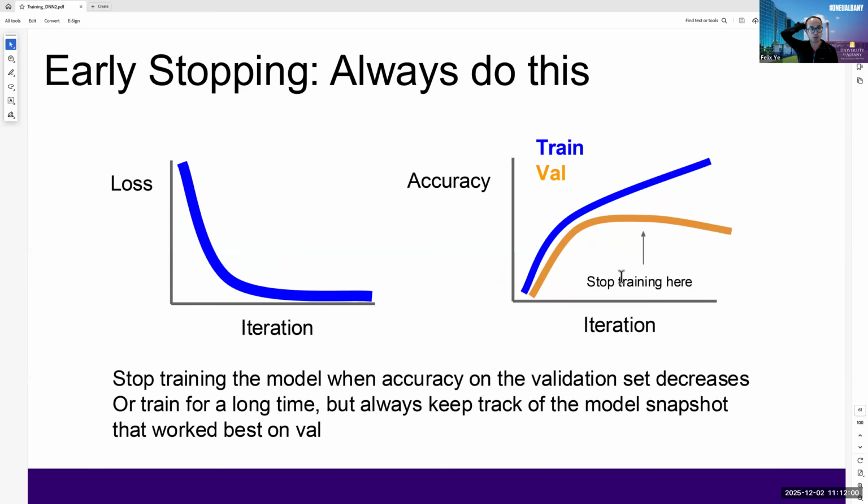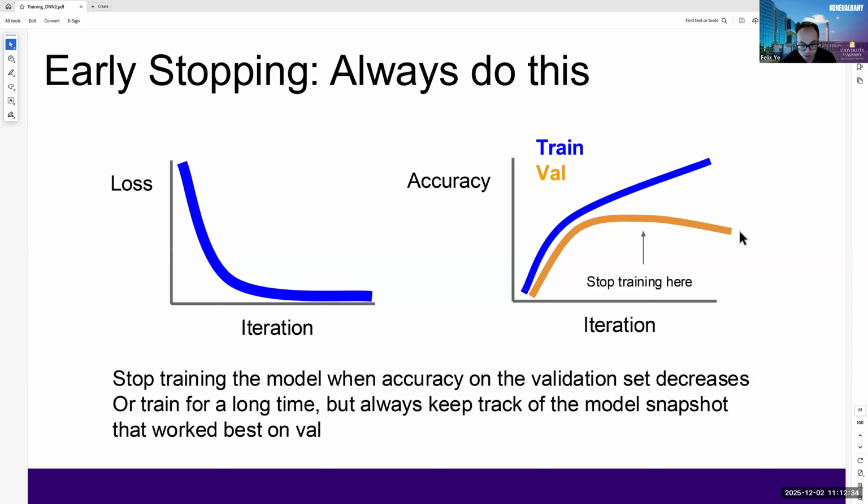So the first thing that we should do is early stopping. Even with the training, you will see something like a bias-variance trade-off, the issue that it might overfit. That means my validation will actually get worse, right? So you should keep track of your validation. If you see your validation accuracy start to decrease, that's the point where you should stop.